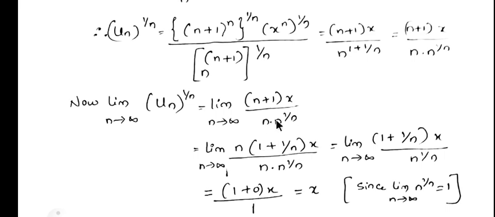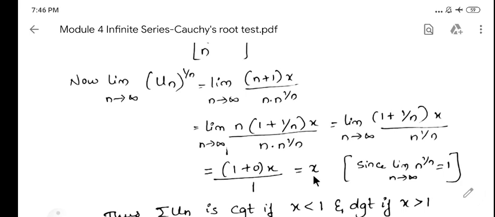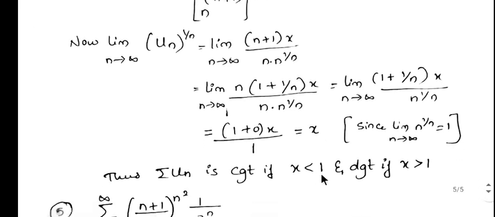Therefore in the denominator, n into n to the power 1 by n. The n and n will get cancelled. We remain with (1 plus 1 by n) into x divided by n to the power 1 by n. When n is tending towards infinity, we remain with (1 plus 0) into x divided by 1, which is equal to x. Therefore, here we got the answer as x.